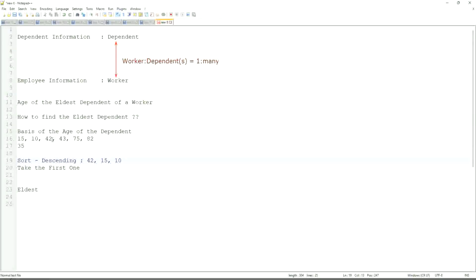Right. Only one problem is if there are multiple dependents with the same age. If there's only children as dependents, and there is a twin the same age. So yeah, at that point it becomes difficult, but other than that it is more or less foolproof.